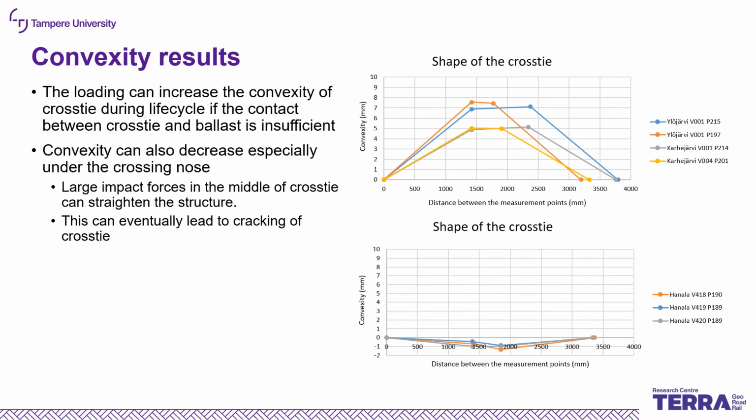So we cannot know if the crosstie is in bad shape. And if it seems completely straight, I can say that nobody cares. Nobody says that there could be cracks already when it's straight.